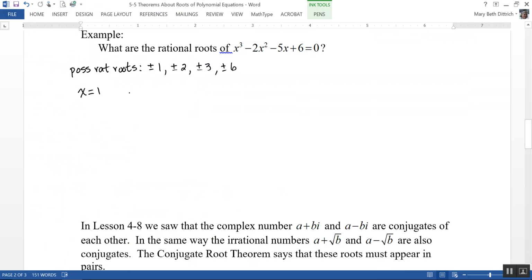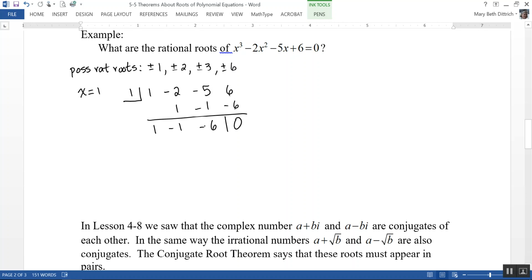So I'm going to go ahead and do synthetic division using 1, pull off the coefficients, and doing synthetic division, bring down this 1. 1 times 1 is 1. Adding gives me -1. 1 times -1 gives me -1. Adding gives me a -6. 1 times -6 gives me a -6, which leaves me with a remainder of 0.